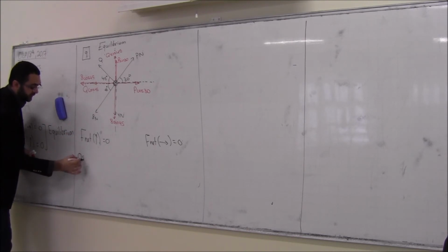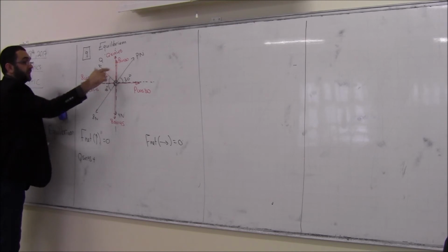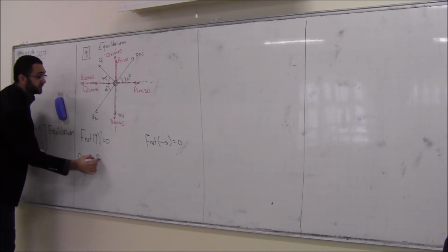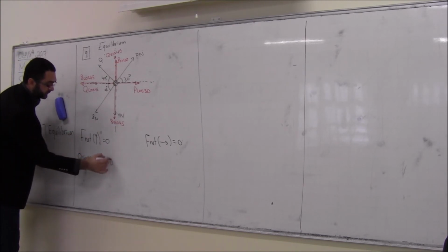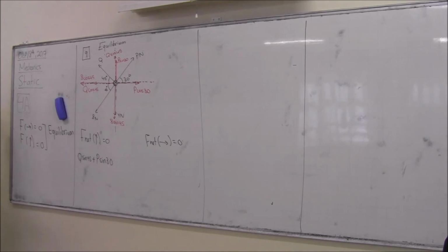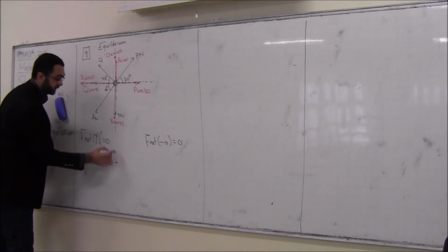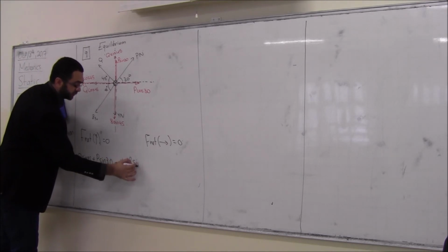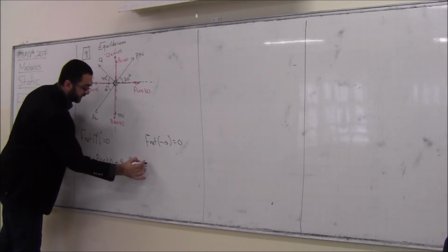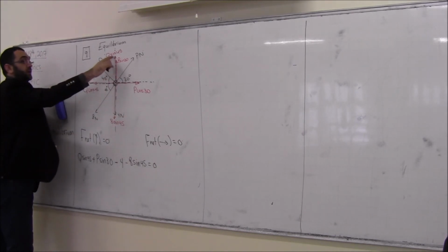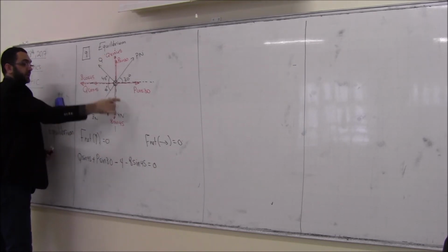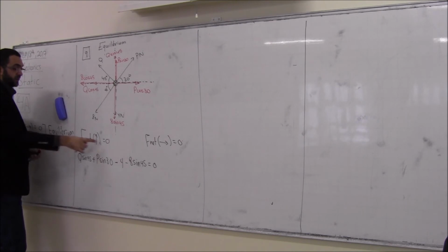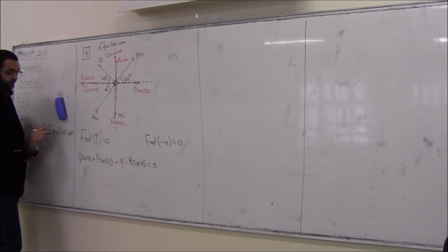Q sine 45 plus P sine 30 equals 4 plus 8 sine 45, where these are negative, equals 0 because it's in equilibrium.